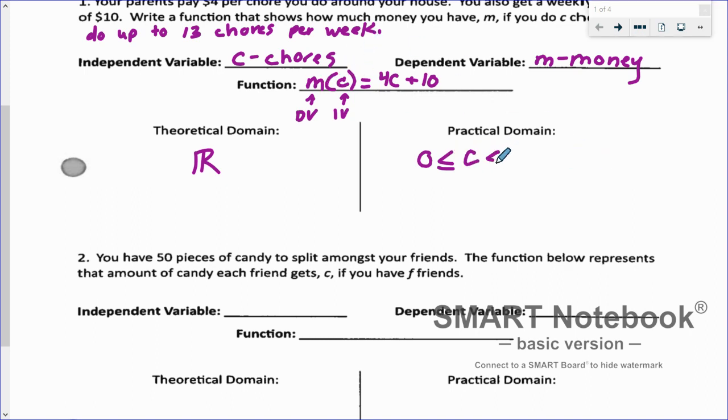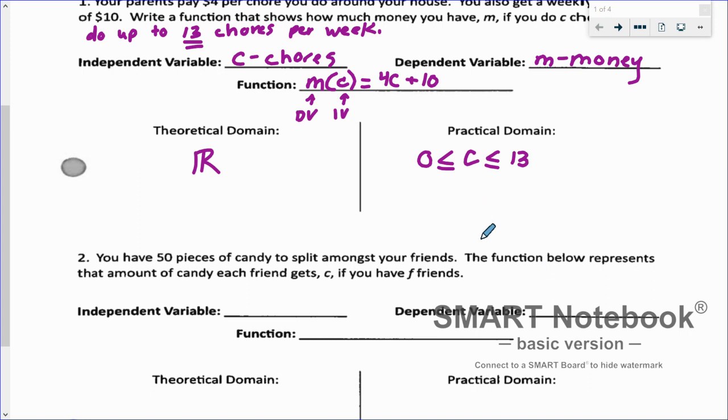So C, and then the most number of chores I told you was 13. We can't put 1,000 in for C. You're not going to do 1,000 chores in a week. So the only values that make sense are the ones between 0 and 13.